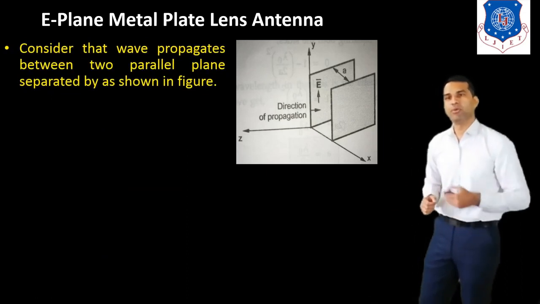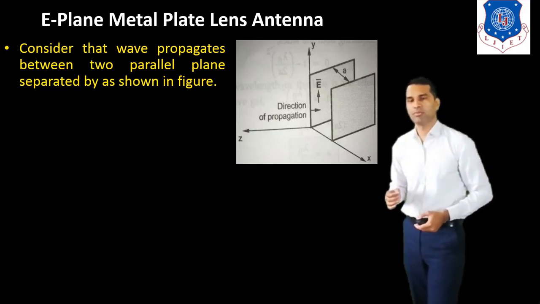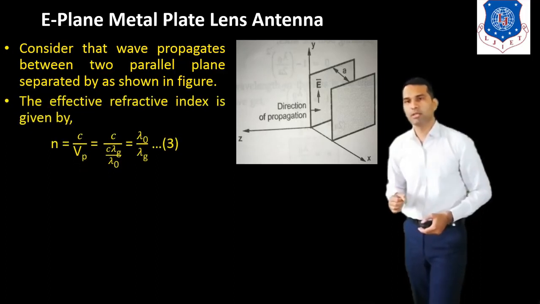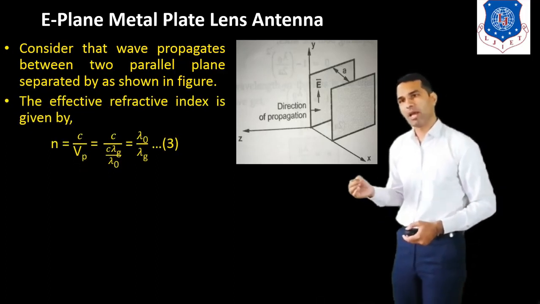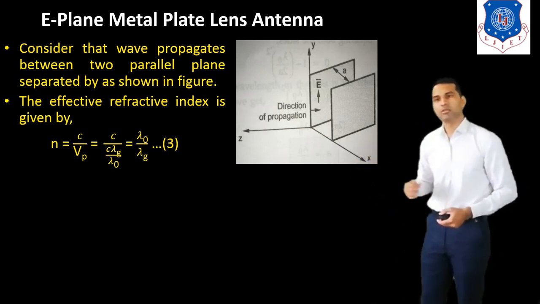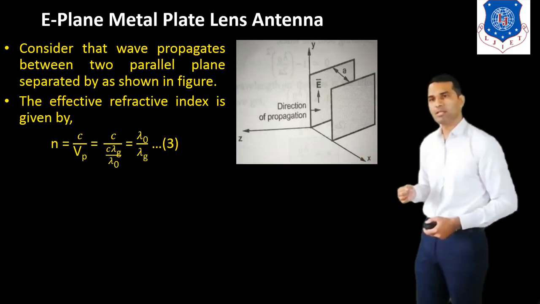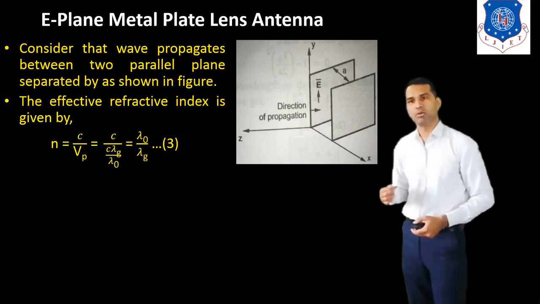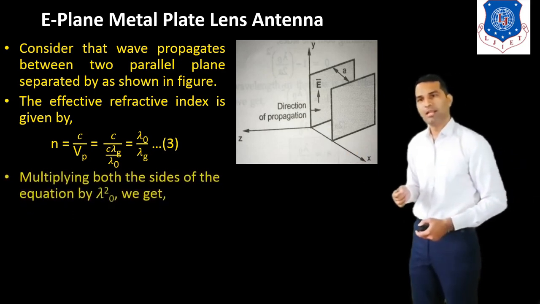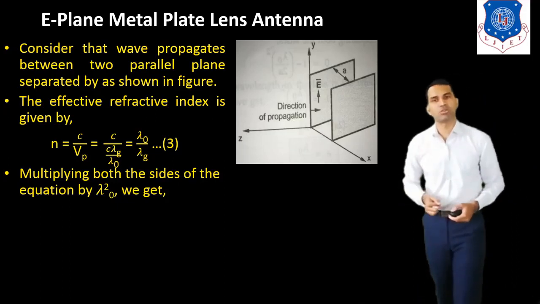Now consider that the wave propagates between two parallel plates separated by a, as shown in the figure. The effective refractive index is given by n = C/Vp. We have the value of Vp, so we put the value in this equation. So we can write C upon C λg/λ0, and we get n, that means the refractive index is nothing but λ0/λg. Now we multiply both sides of the equation by λ0².